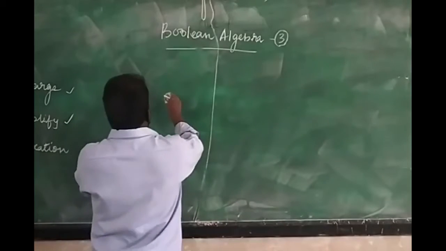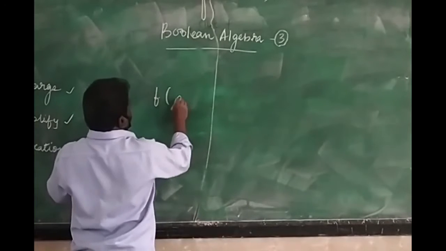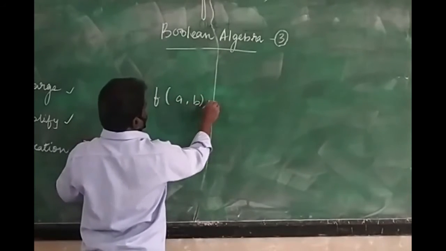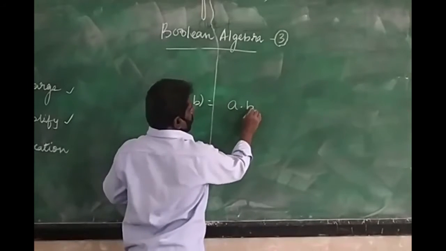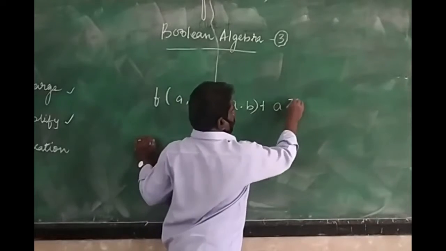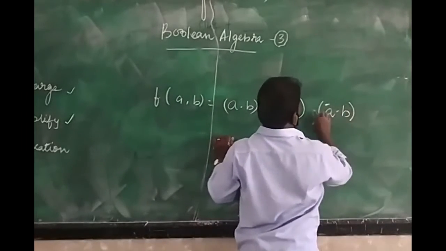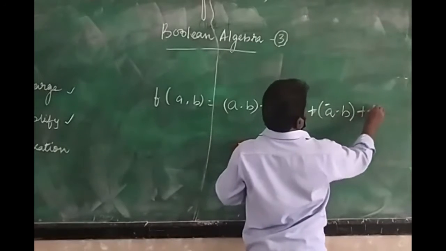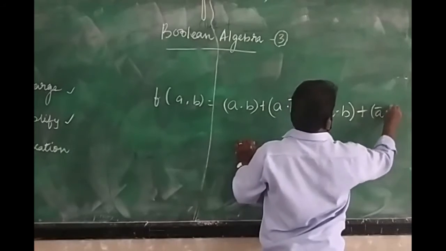Let us take one Boolean function. F of A comma B is equal to A dot B plus A dot B bar plus A bar dot B plus A bar dot B bar.